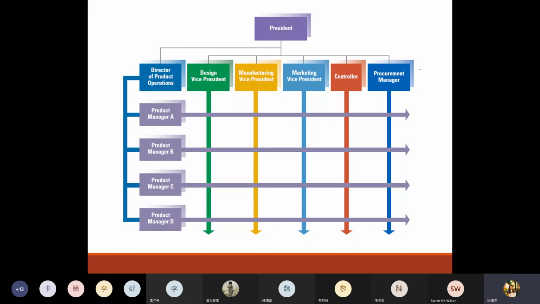Yes, Professor. Last time I actually already told you an answer, right? Like you said before, the teams that have the responsibility for product A are also under the design vice president, so they have two supervisors or two managers they have to report to.